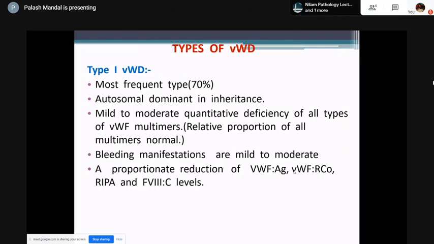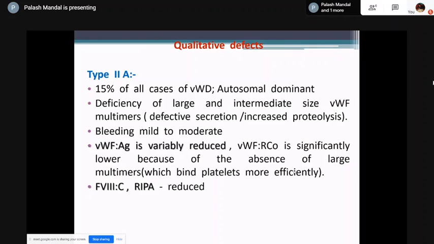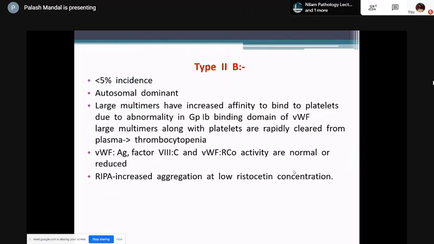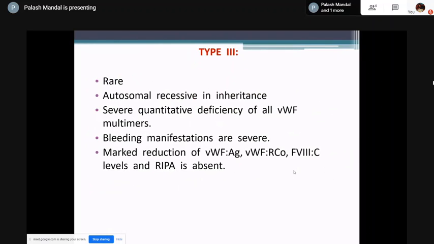Types of von Willebrand disease, I am not going into details of it, but the most frequent type is type 1, which is autosomal dominant. Type 2A is also autosomal dominant. Since I am going to provide you with the PDFs, I am not going into details. Type 2B is also dominant. Type 3, you see, is autosomal recessive. That's why I was telling you not all forms are autosomal dominant.